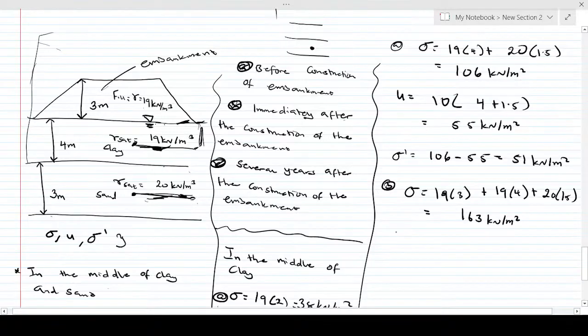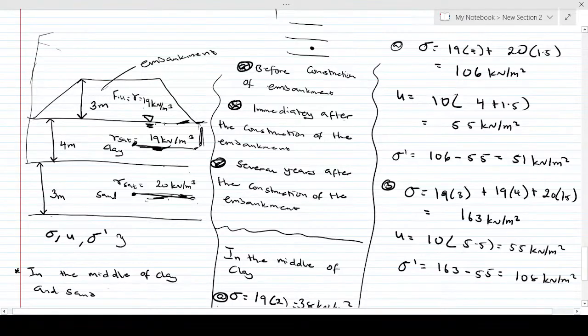For water pressure, 10 by the distance from the water table to that point of interest, again 4 plus 1.5, so 5.5, which is 55 kilonewton per meter square. Then your effective stress, 163 minus 55, is going to be 108 kilonewton per meter square.